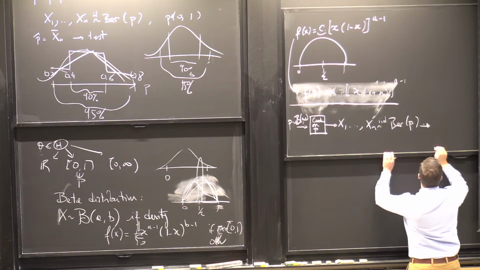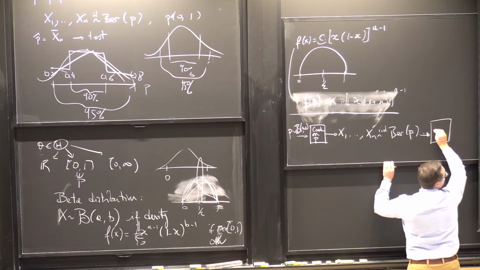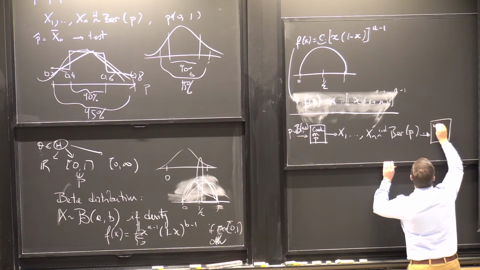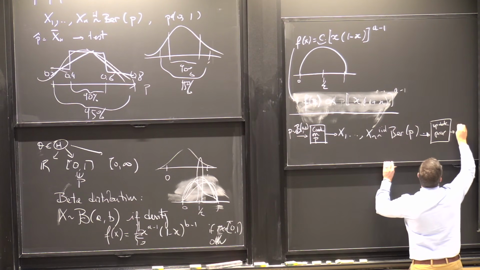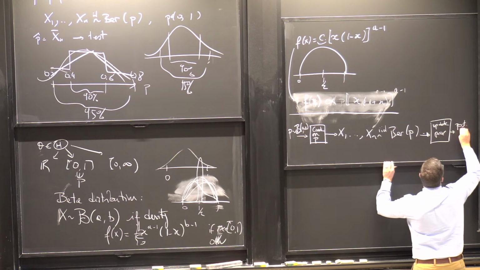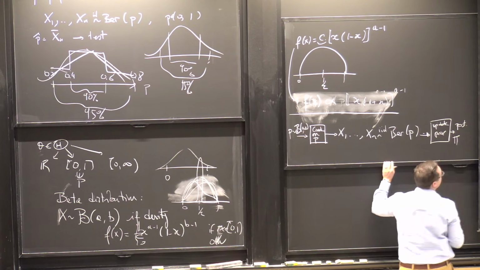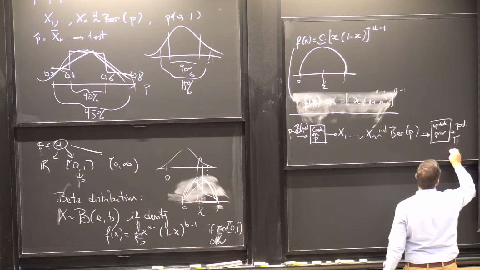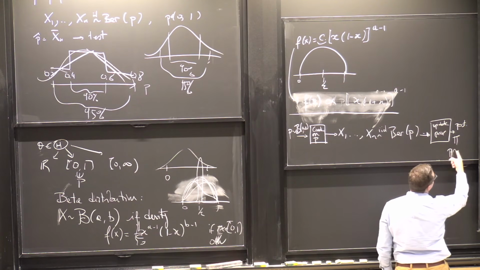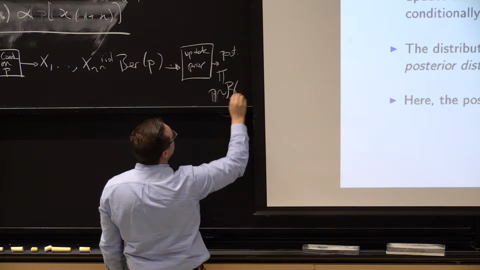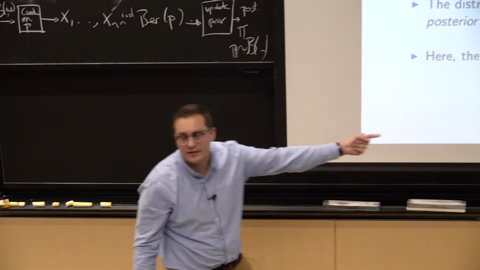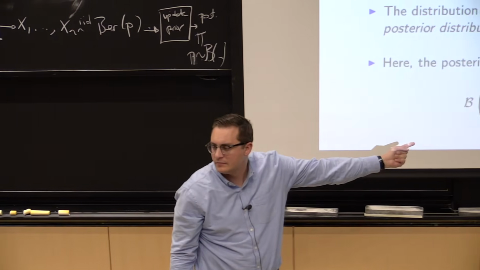And here I'm going to update my prior into some posterior distribution, pi. And here, this guy is actually also a beta. So my posterior distribution on p is also a beta distribution with the parameters that are on this slide. And I don't have space to reproduce them.